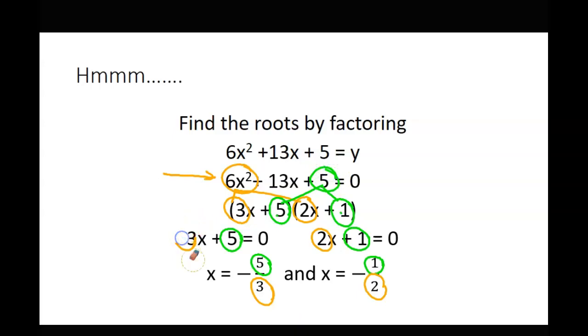So now I'm going to erase all this other stuff because it's kind of just getting in the way of our shortcut. But it helped us get there. So here's what we got then. In our roots, the numerators come from the factors of the last term. And our denominators come from the factors of the first coefficient. Okay?